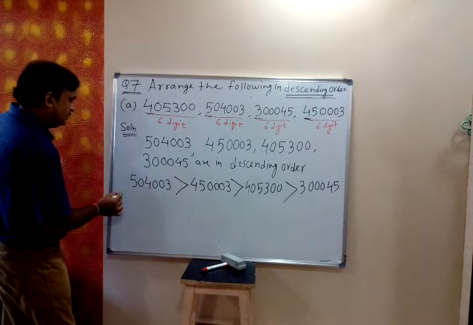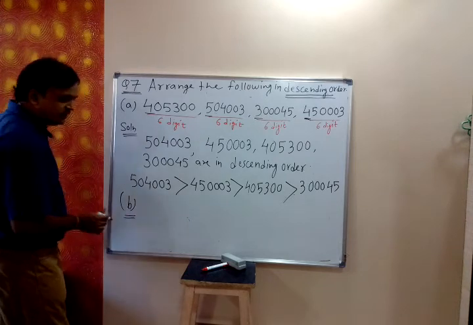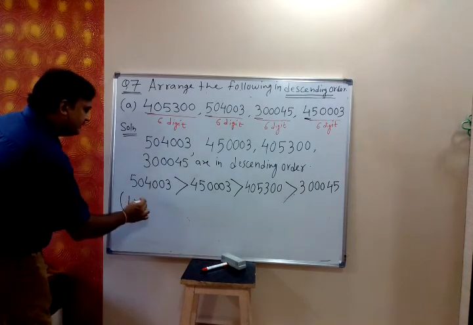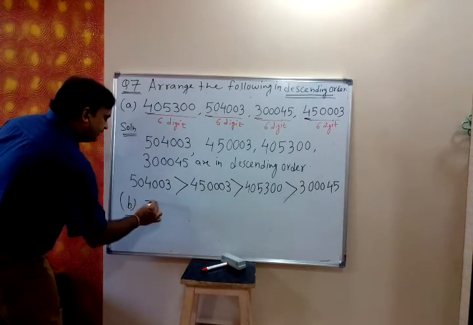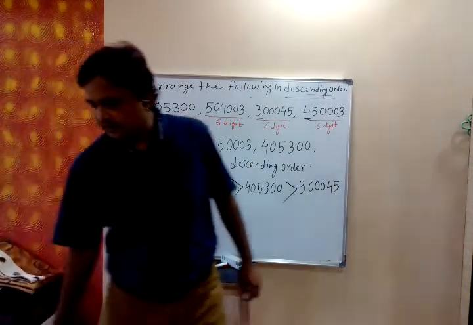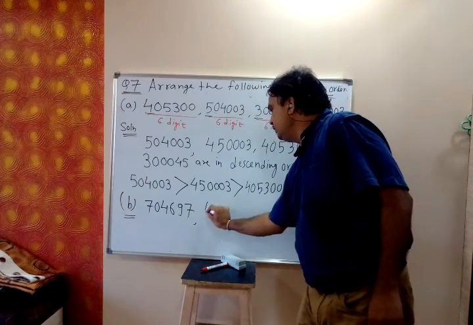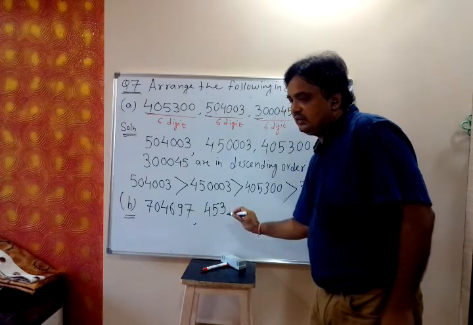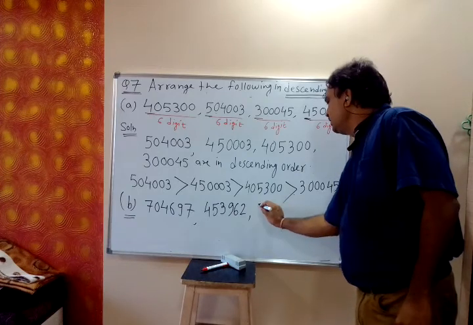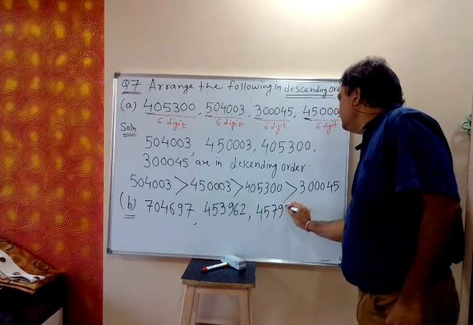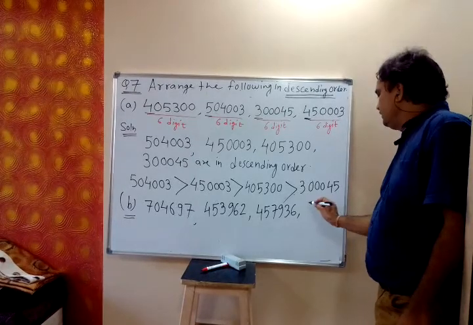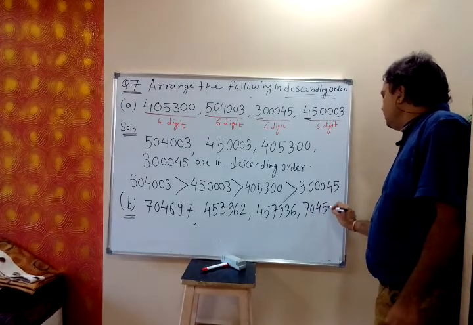Homework, I am writing. Homework, part B: 704697, 453962, 457936, 704531.